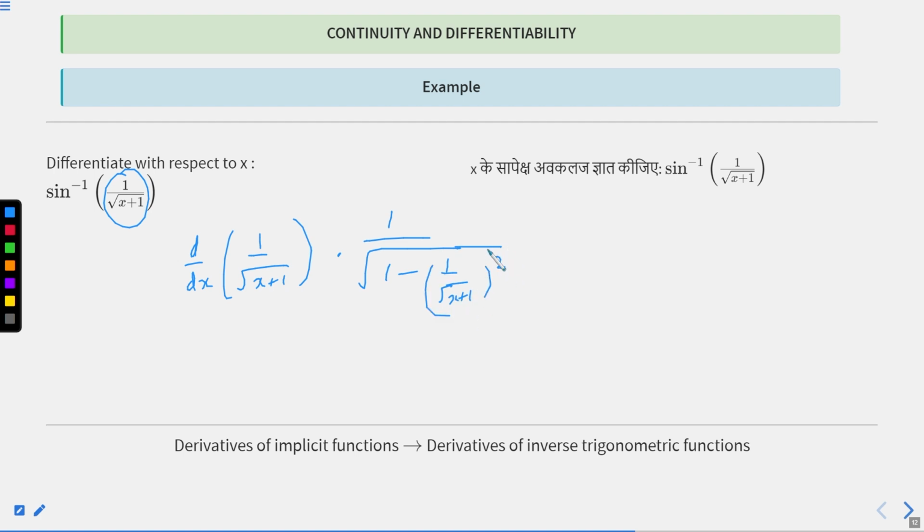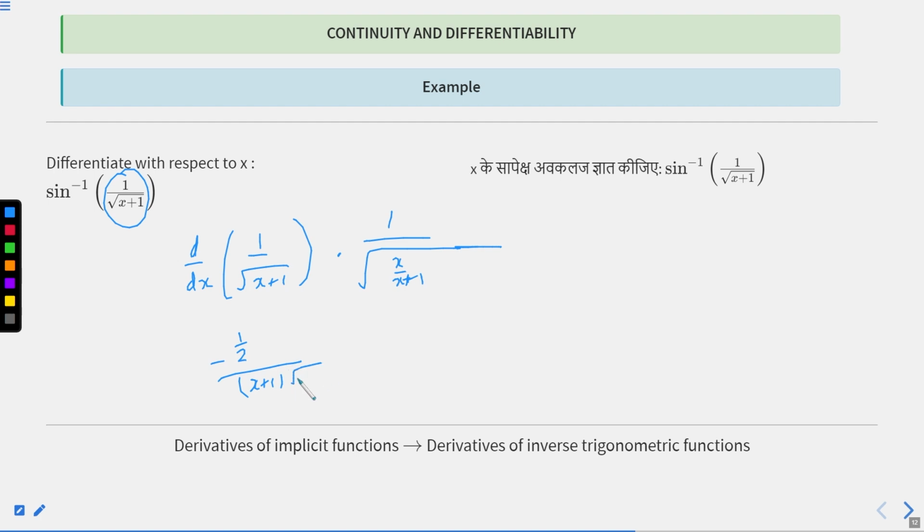How are you going to simplify it? Very simple. The square will remove this root. You will have x plus 1. So x plus 1 minus 1 will be x by x plus 1. Now the derivative of this will be what? As you know, this will be the square of this. Now the root of this will be this, and this is multiplied with the root of this thing. So this means 3 by 2, or root of x plus 1.